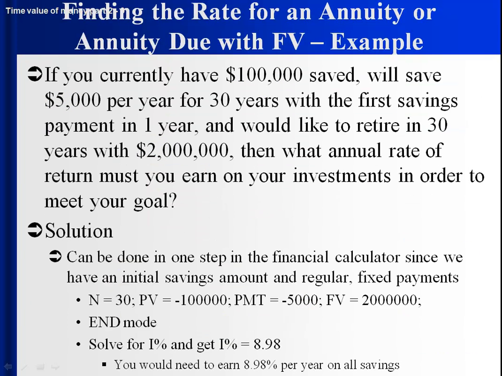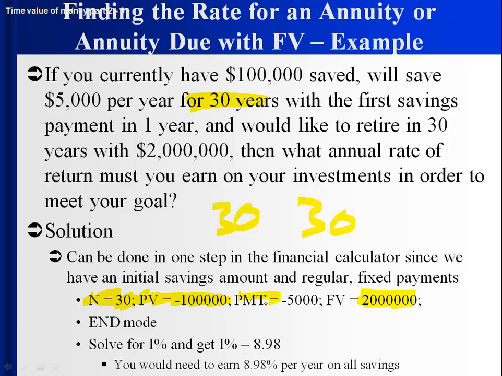Well, we can do this in one step because we've got an initial amount, and from PV to FV, or from 100,000 to the 2 million, is 30 years, and we're going to have payments for 30 years, so n is 30 in both cases. So today we have 100,000. In 30 years we want to have 2 million.